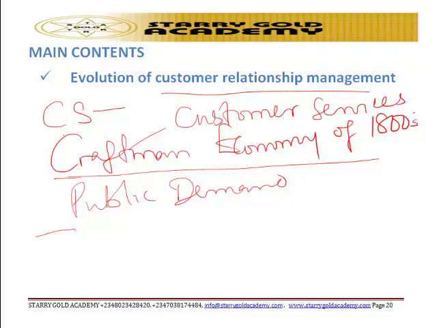The reason is what I've told you before. There was no need, because demand was extremely high, above what needed to be supplied. So customers were not kings during these days. Customers were like servants. They were even looking for any supplier that could supply and give them what they wanted.